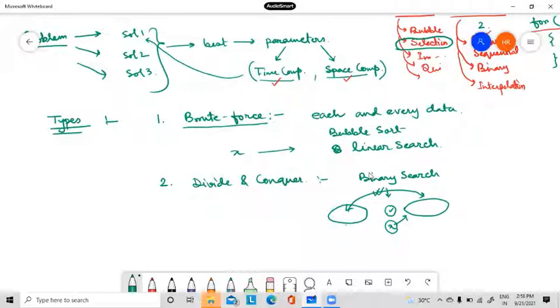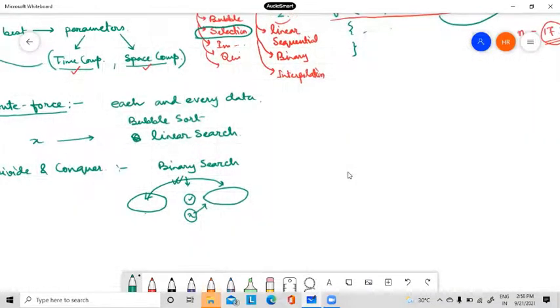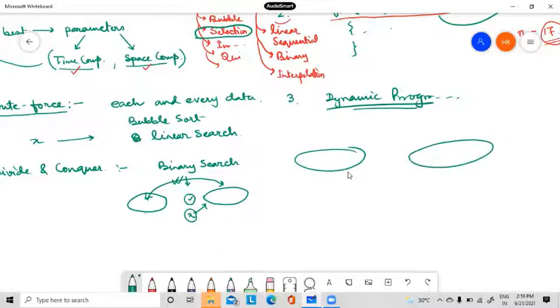So that is another type of algorithm. What is dynamic programming? If you want to define dynamic programming, what is its meaning? In dynamic programming, there are two different parts. This is my whole problem.